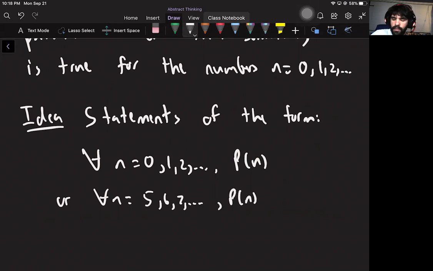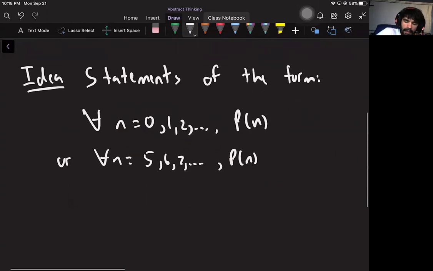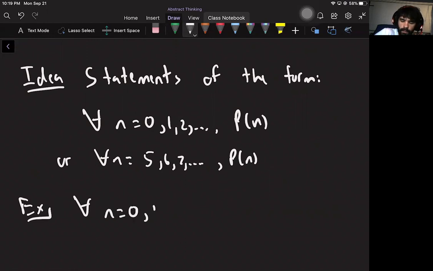A quick example: for any n in the list 0, 1, 2, up forever, 4 divides 5 to the n minus 1.